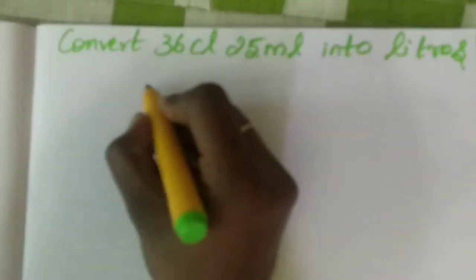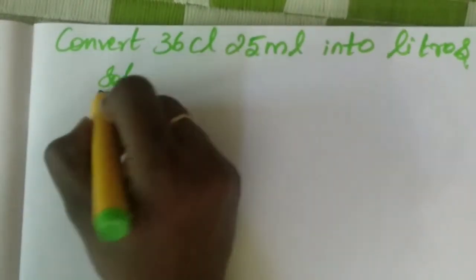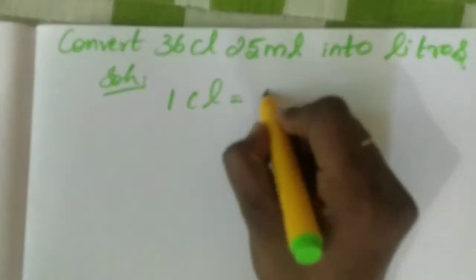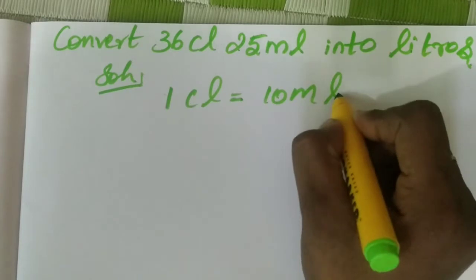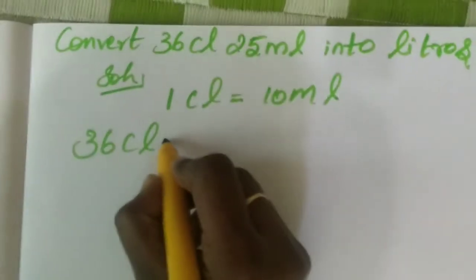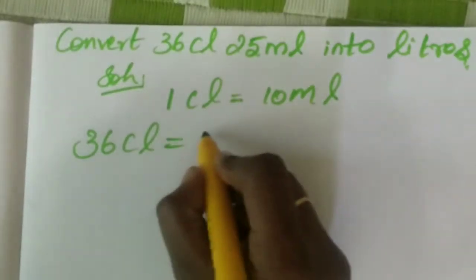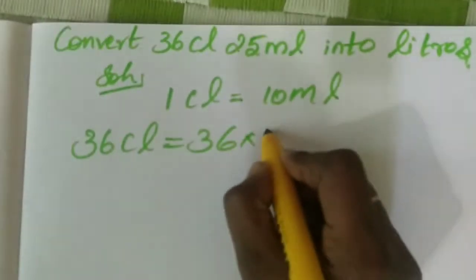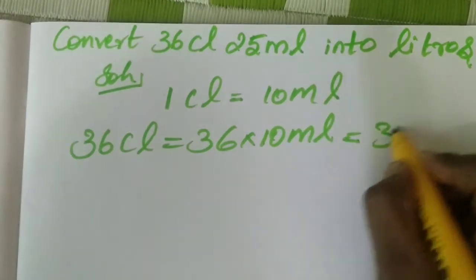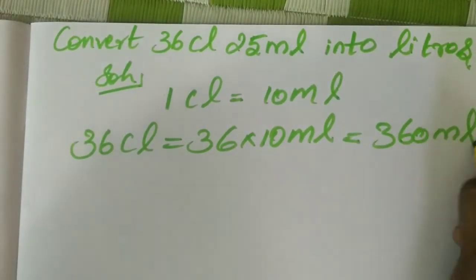Our next question: convert 36 centiliter 25 milliliter into liters. Solution: we know 1 centiliter is equal to 10 milliliter. So 36 centiliter is equal to 36 into 10 milliliter, that's equal to 360 milliliter.